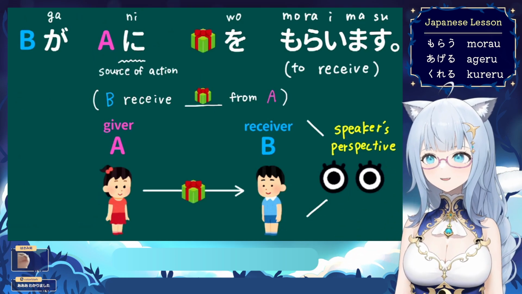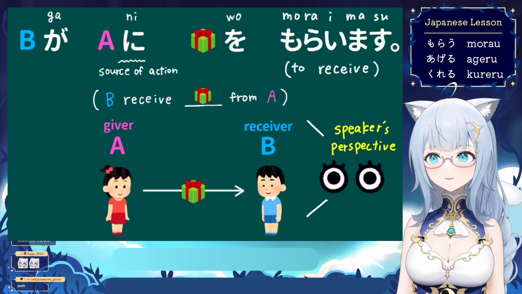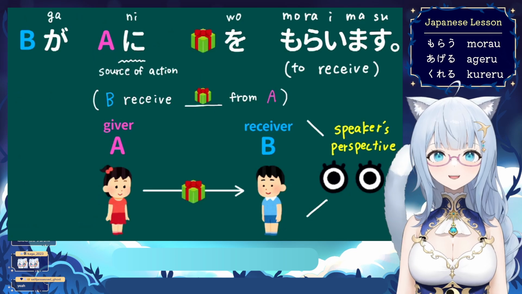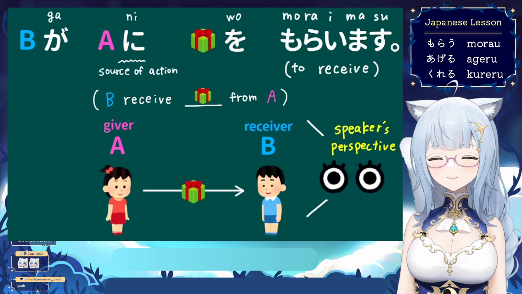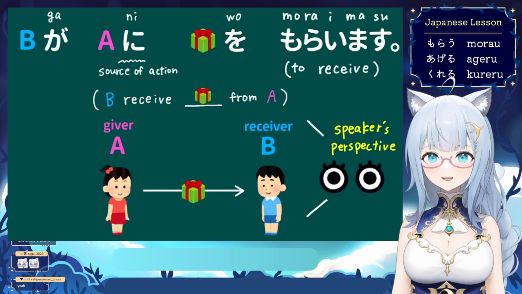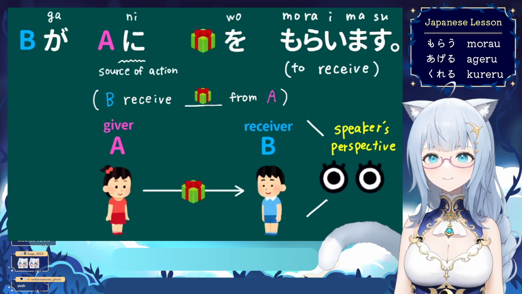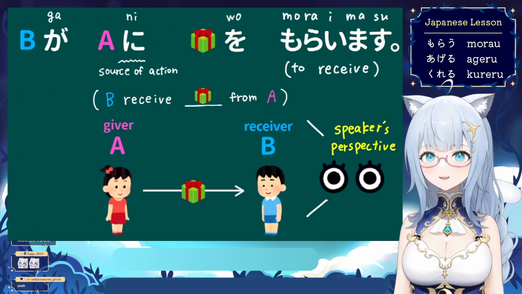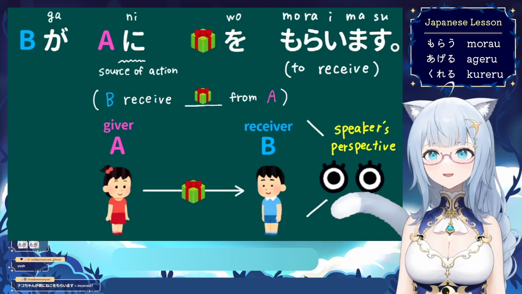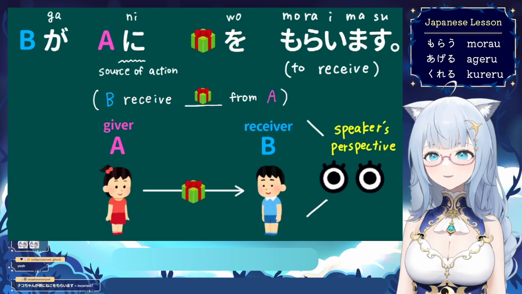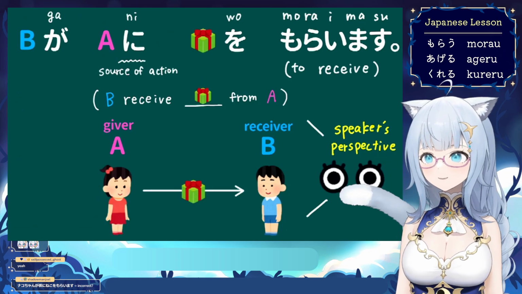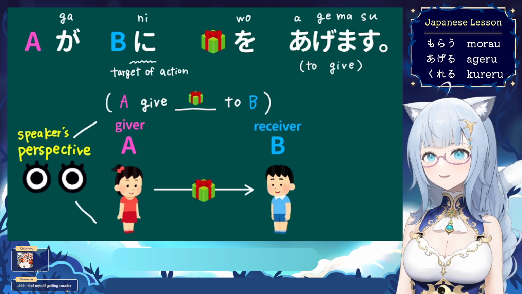So let's say if I were the speaker, maybe receiver B is my father, my family member, and giver A is my friend. In this situation, I could say 私の父 (my father) が私の友達 (my friend) に何々をもらいます。No, あげます sentence.